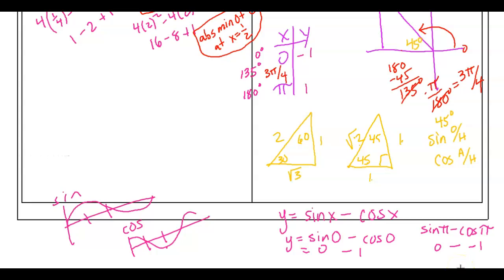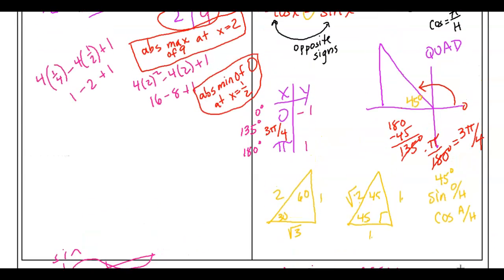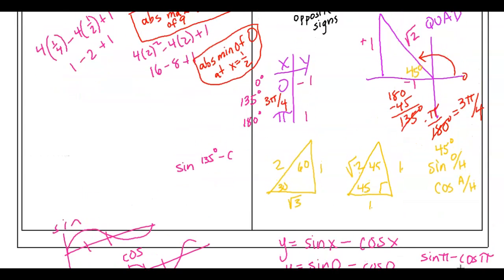So the hardest one will be this because we had to use our triangles, but that's okay. So our sides are 1, 1, root 2, and put your signs. We went to the left, so it's negative 1. We went up, and the hypotenuse is always positive. So we want the sine of 135 minus the cosine of 135.